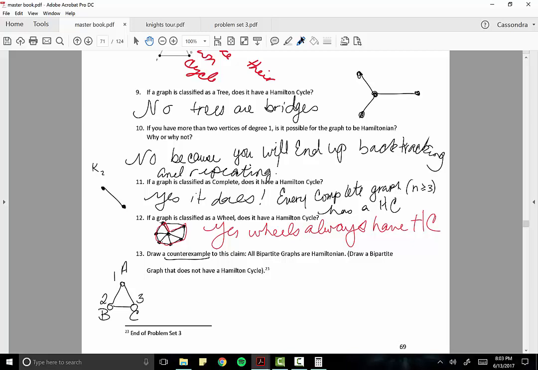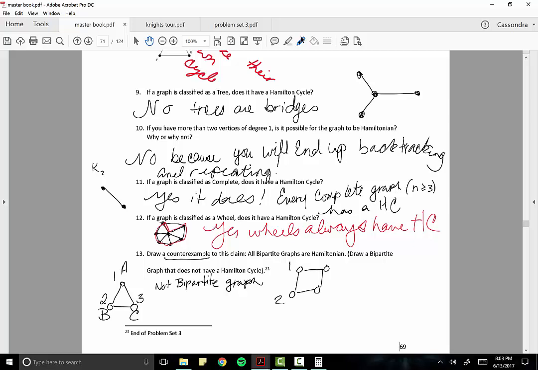This is not a bipartite graph because it's 3 groups. Here is an even cycle.